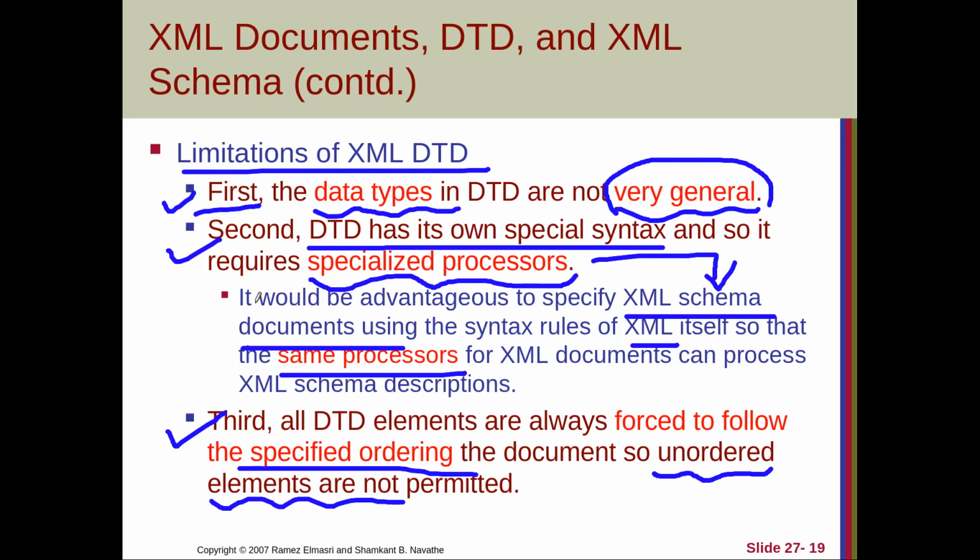In this session we have seen the XML categories, like well-formed XML document and valid XML document, and what a well-formed XML document is. A valid XML document can be created using two mechanisms: one is XML DTD, and the second is XML schema.